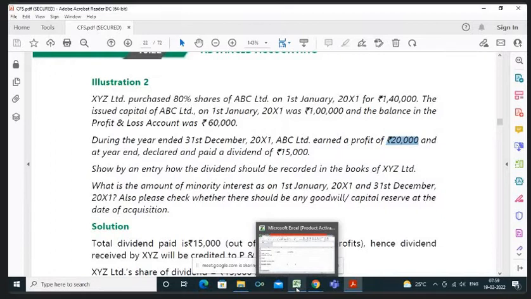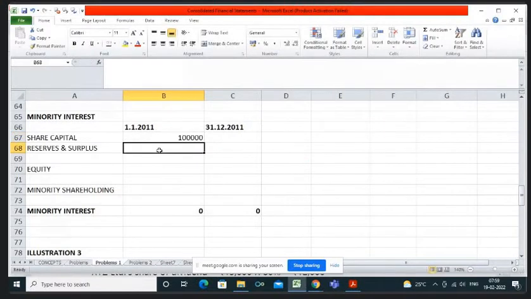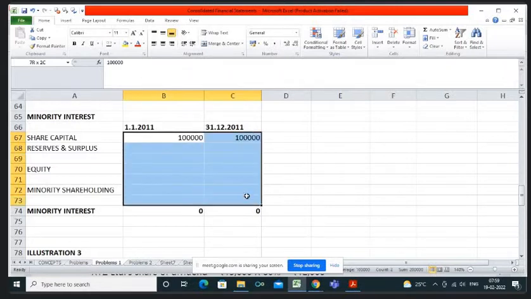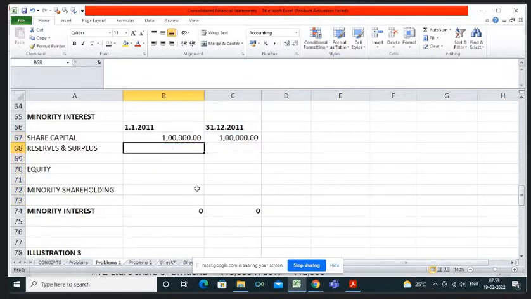But as far as the profit and loss account is concerned, the opening balance was 60,000. During the year, 20,000 was earned and 15,000 paid as dividend. Capital remains the same as on the date of acquisition as well as year end, because there is no information and we cannot assume things. So we'll write 1 lakh as it is. Then reserves and surplus. The opening balance was 60,000.